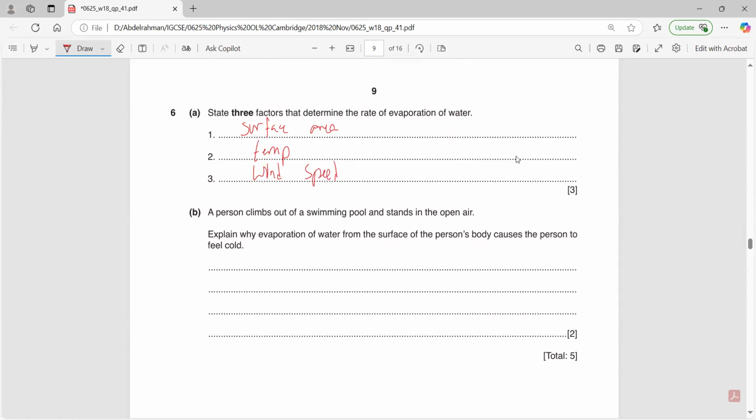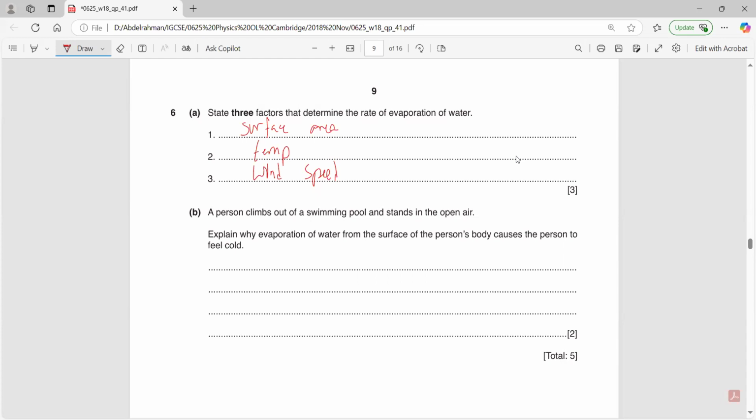A person climbs out of a swimming pool and stands in the open air. Explain why evaporation of water from the surface of the person's body causes the person to feel cold. What happens during evaporation?